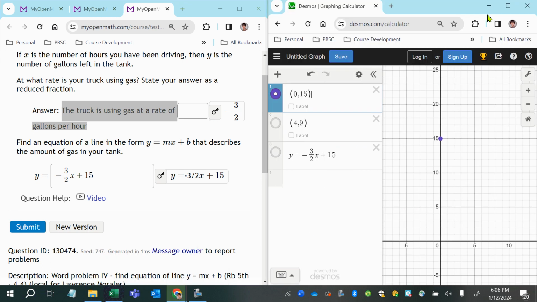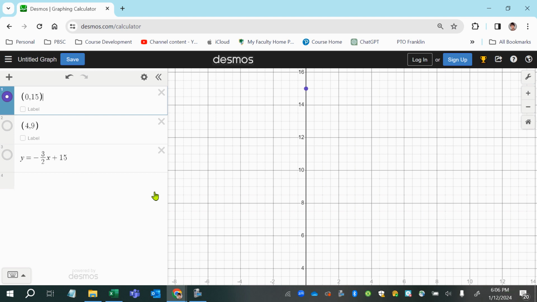I know a lot of us kind of avoid graphing because at some point it has been frustrating for you, but I encourage you to start graphing and using it as a way to understand what you're doing, because it makes a huge difference. If you start graphing, even when you don't actually have to graph, you may find that it's actually helpful rather than something that can make you nervous.